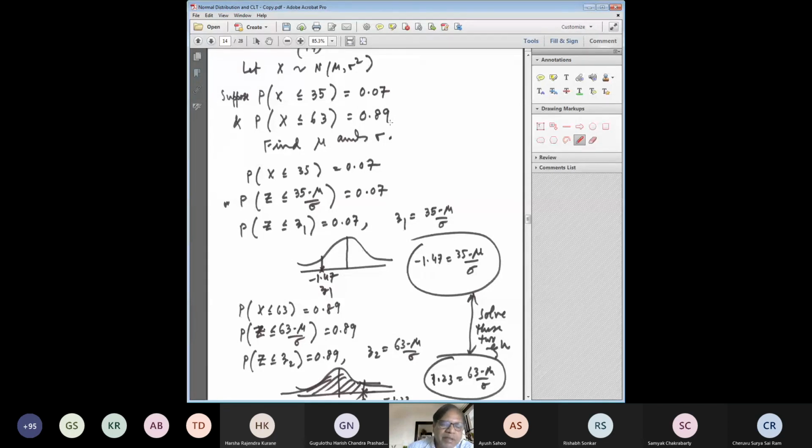Say for example, in this case you are given x less than 35 is 0.07, and x less than 63 is 0.89. So these two statements are given, and using these two we have to find mu and sigma, the mean and variance. So probabilities are given, and we need to find the corresponding parameters.